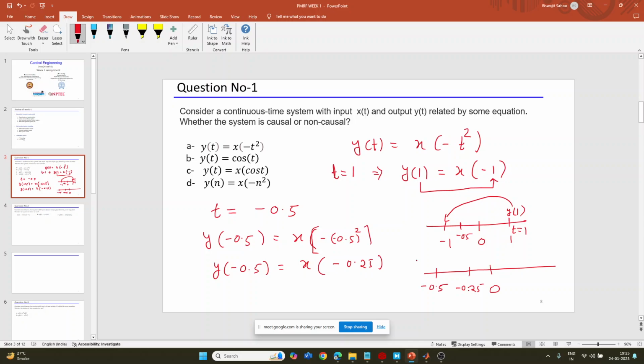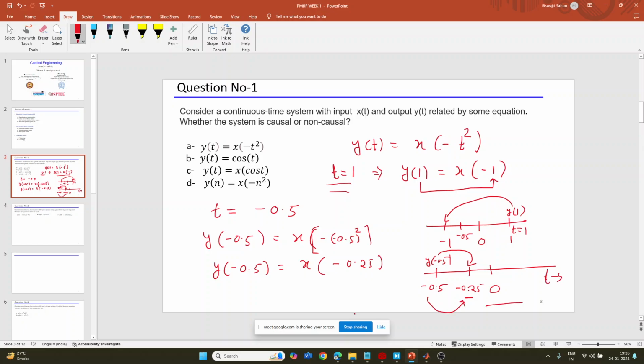You are defining your output at minus 0.5, but your output depends on the future value, which is minus 0.25. So by looking at the system, at t equal to 1 it depends on the past input, but if you take t equal to minus 0.5, it depends on minus 0.25, which is the future for minus 0.5.